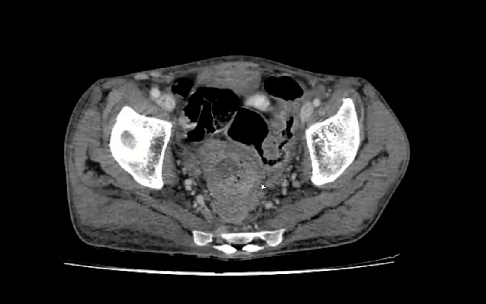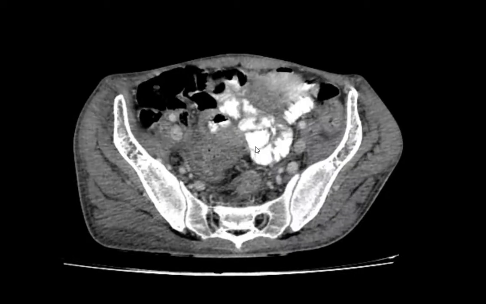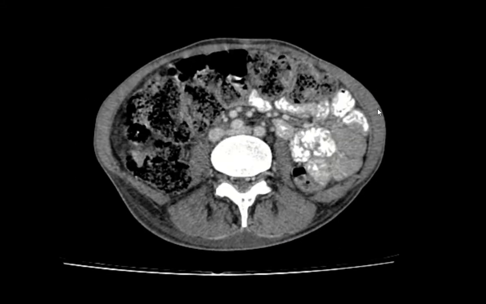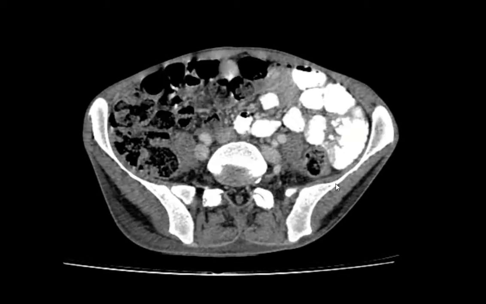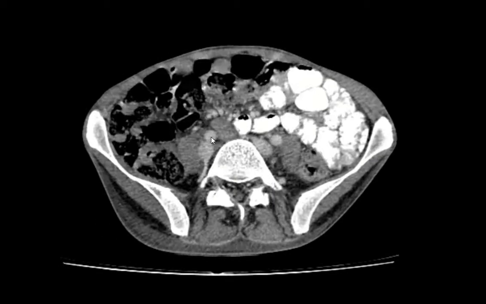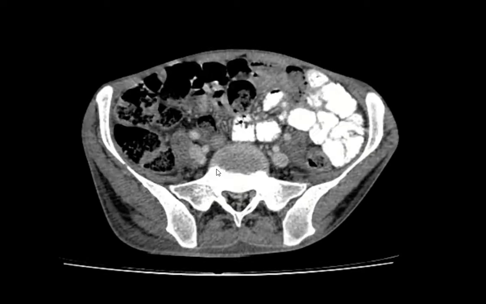When you go up, you can see some of that part is going along the sigmoid. However, it doesn't extend up. There is no obstruction of the large bowel or small bowel here. This is a small bowel loop again.